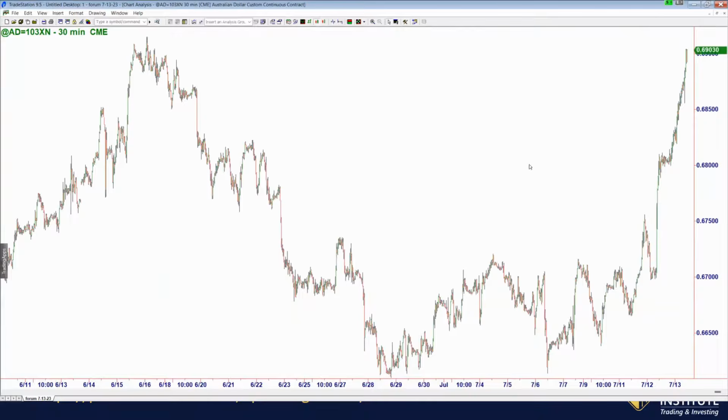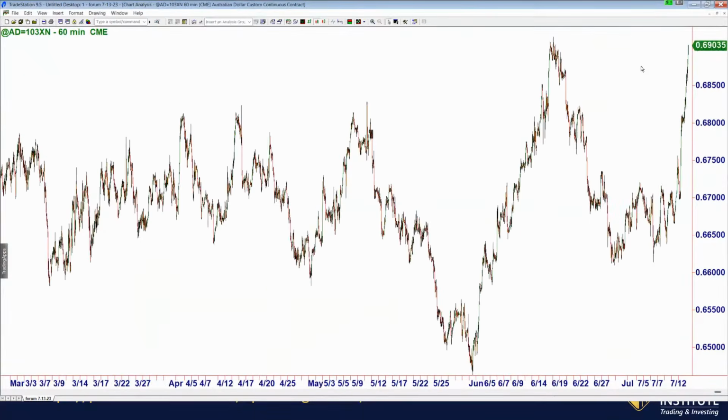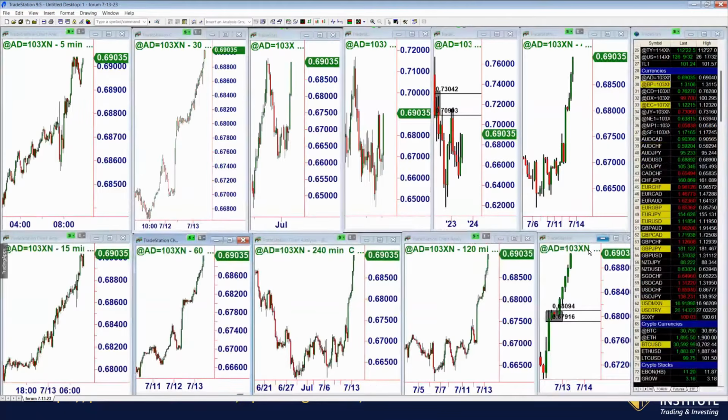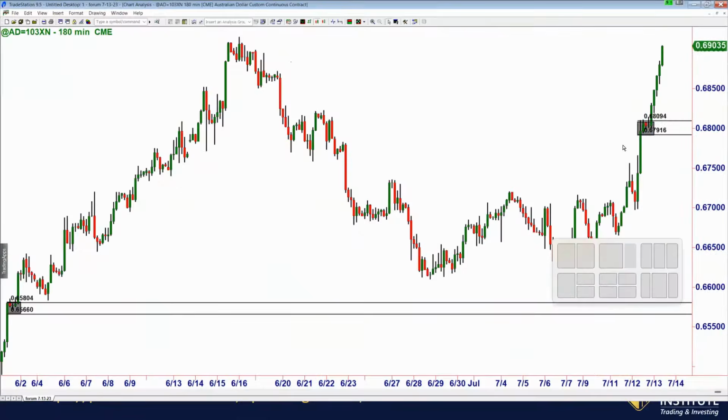No, it's not on that one. I know we had a supply zone in the area. Let me see here. Was it on the 30-minute chart? Maybe it wasn't on the 30-minute chart. Well, anyway, let's focus on the demand side real quick.